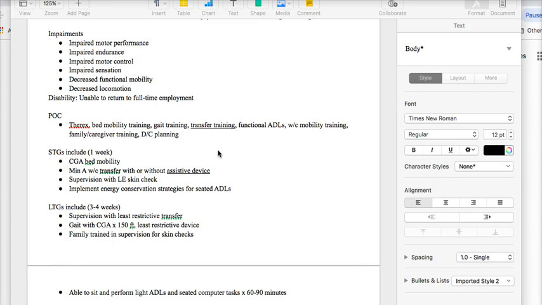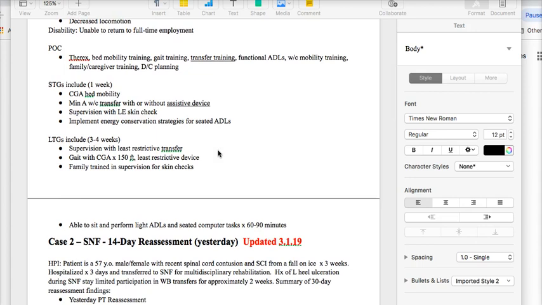Along with that is looking at their energy, right? Energy conservation is, if someone's weak in their trunk, and we'll talk about this more on Thursday, what types of strategies would you implement to allow that person to perform those important activities of daily living, including skin checks and donning clothes, putting on shoes and socks and pants, and what types of a seated surface, not transfer, but seated surface, would they be in to give them the most optimal environment or condition to perform that activity of self-care and dressing without consuming a lot of energy.